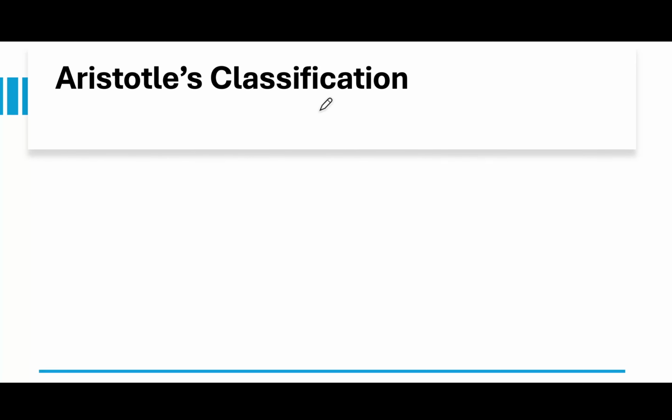Let's come to animals first. How Aristotle classified organisms was a very simple classification: animals with red blood cells, animals without red blood cells. Very simple. Tell me about humans.